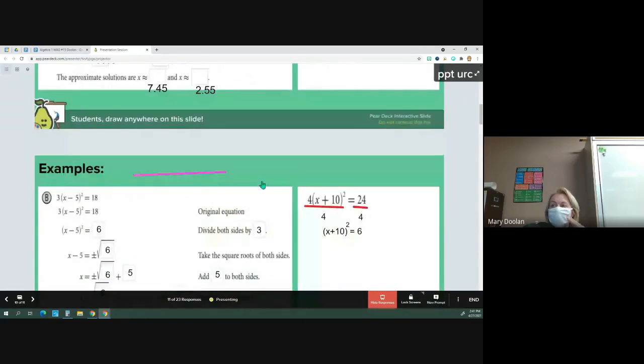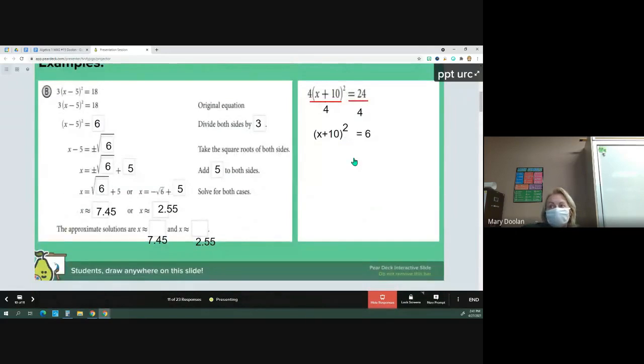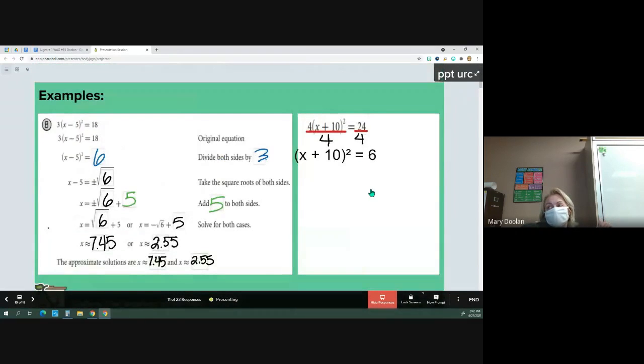If you're not sure, look at what we did on the example to the left. What did we do after we divided this factor out from both sides? Divide both sides by 3, and then the next line says take the square root of both sides. We're going to take the square root of both sides of this equation.